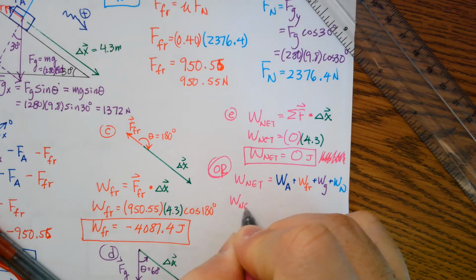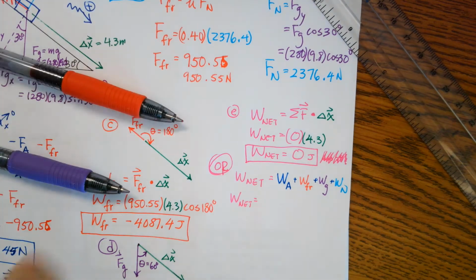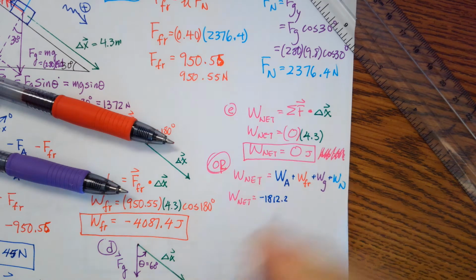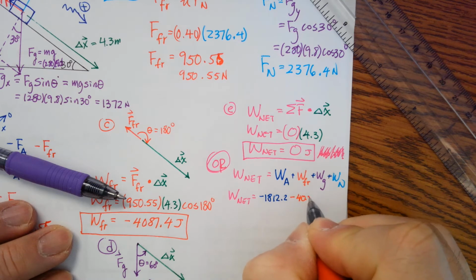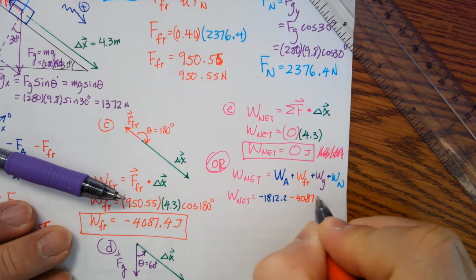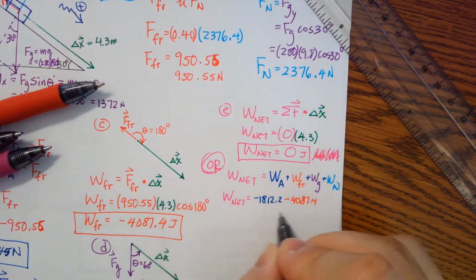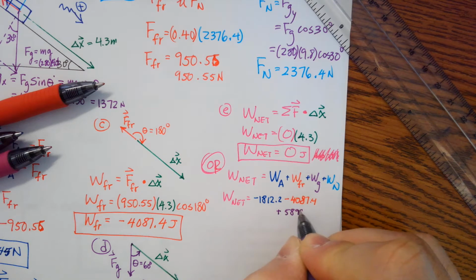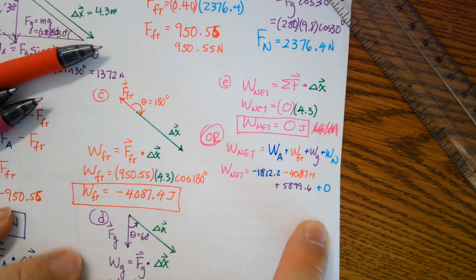What do we get? We get work done by applied force came out to negative 1812.2. Work done by friction is negative 4087.4. Work done by gravity, we got plus 5899.6, plus 0. And if we add all these up, guess what we get?